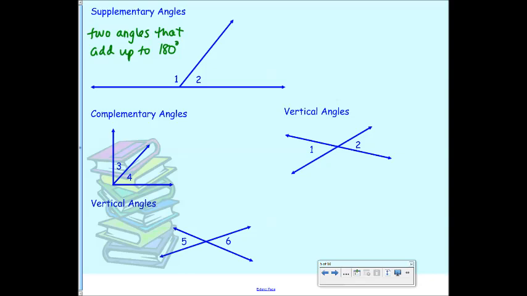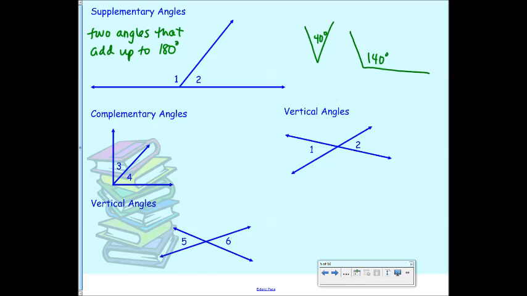So for instance, this right here, if that were 40, and this right here, if this were 140, even though they're not right next to each other, they're still supplementary because they add up to what? 180. Okay, so that's the difference between supplementary and linear pairs. Linear pairs have to be right next to each other. Supplementary don't.